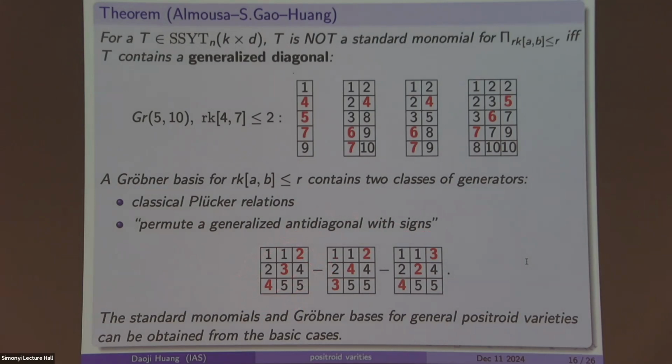If you take a tableau that minimally contains a generalized anti-diagonal, meaning that you cannot delete 1 column and still contain one, then for these minimal ones, you permute the numbers in the generalized anti-diagonal, and that will be your relation. And we prove that this is a Gröbner basis for this particular interval Positroid variety.